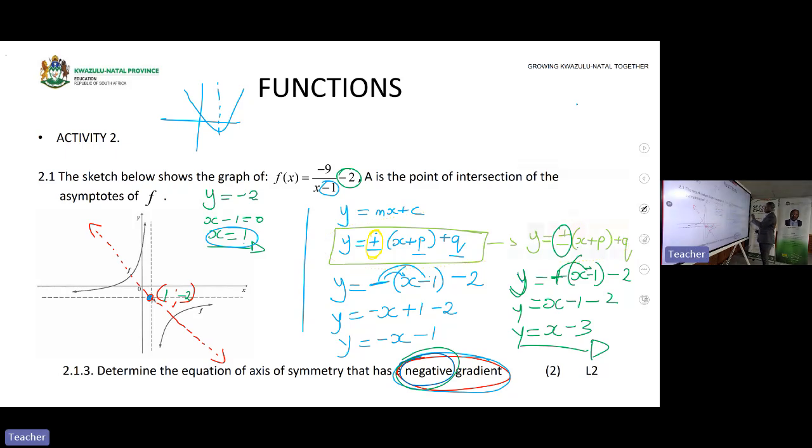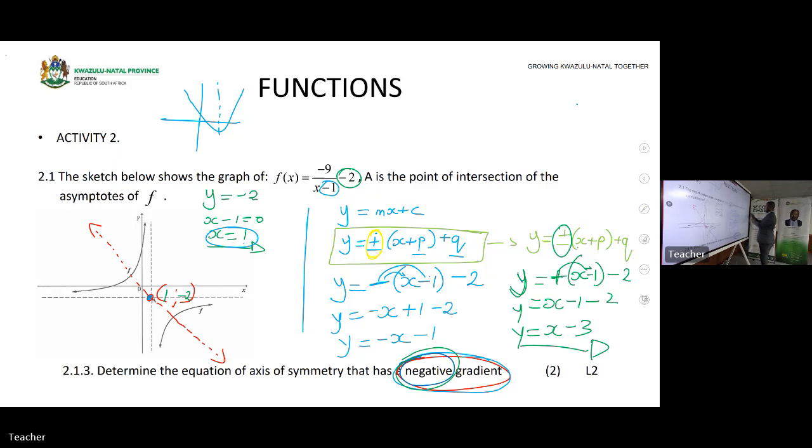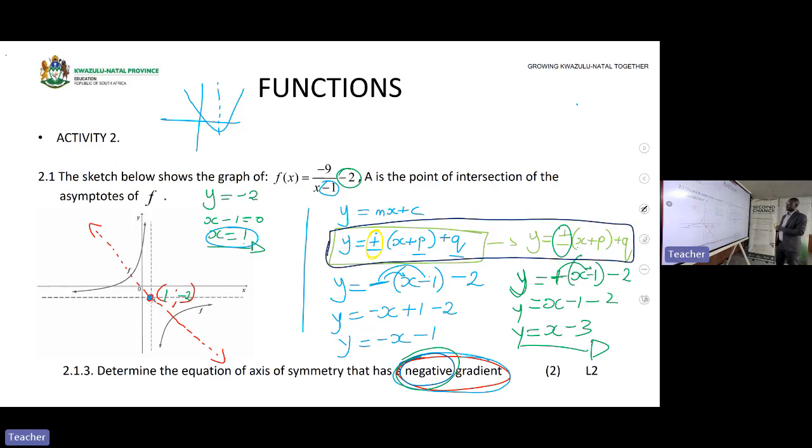It's this formula here. I'm trying to highlight it so that we all see it. Y is equal to plus or minus into x plus p plus q. So when it's a negative gradient, then you take negative and then you just substitute the value of p as well as the value of q from your equation. You just take it as it is from your equation.